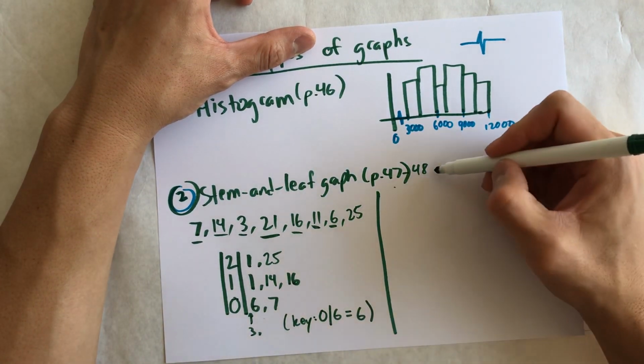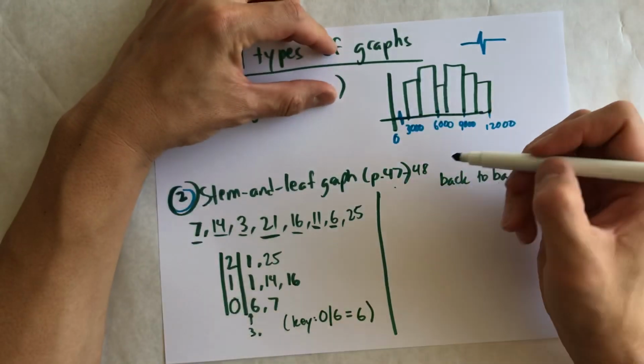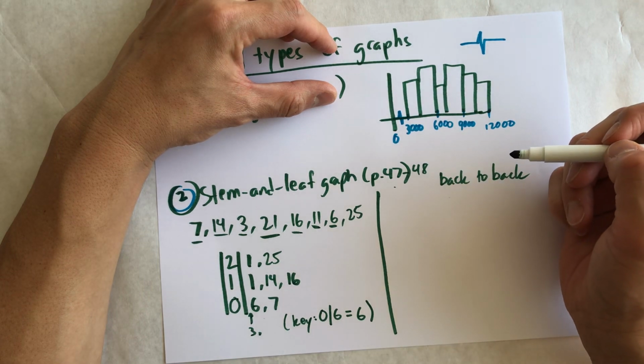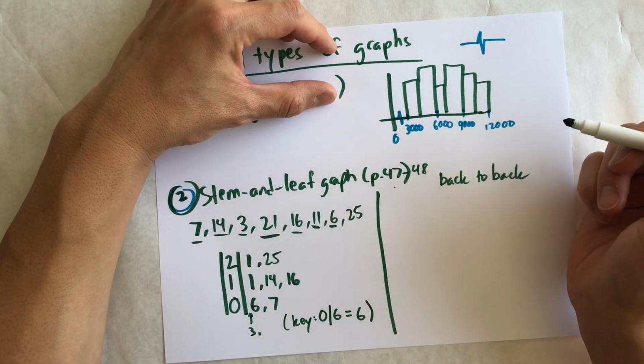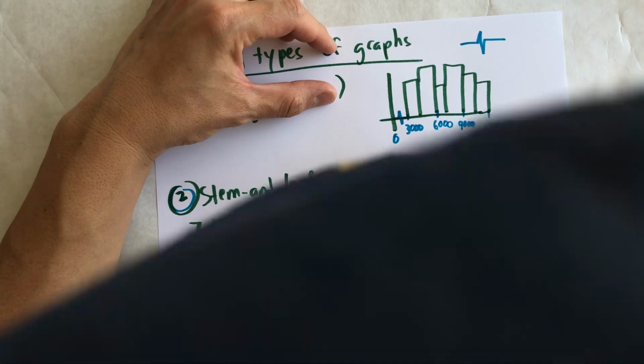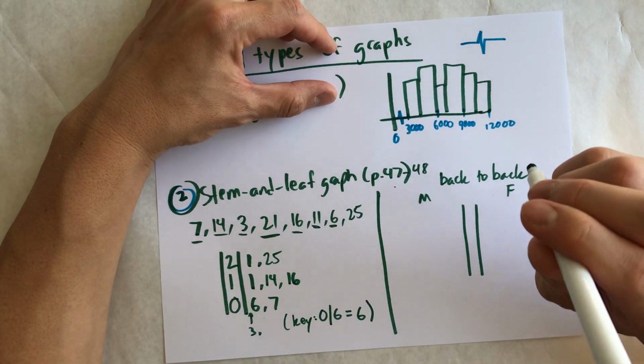Now we have something called a back-to-back stem and leaf plot, okay? This is useful when we're comparing two distributions. Maybe we're going to go back to the age-old battle of who's better, males or females, right? So we'll make a stem here. What are we comparing?